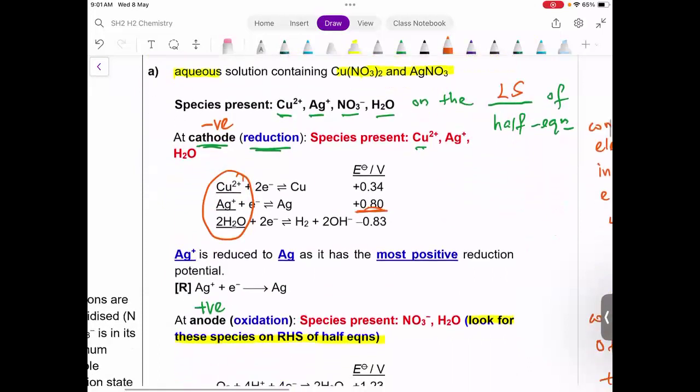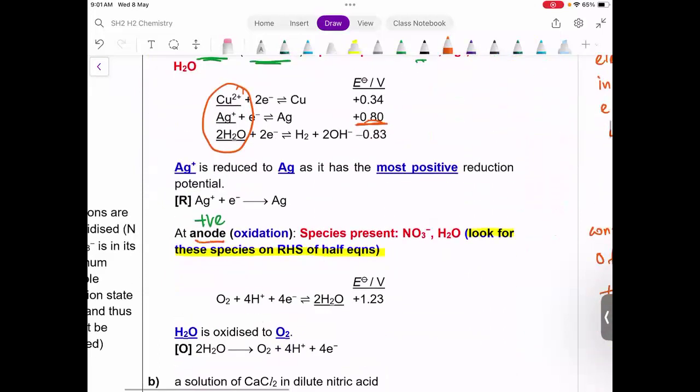Similarly, if you are talking about the anode, then the species must be on the right side of your half equation. If you try to look for the nitrate, don't put up your hand and say, teacher, I cannot find nitrate on the right side. Please recognize that nitrate here is already at +5 oxidation number, which is the maximum.